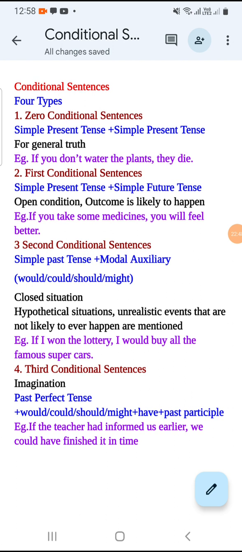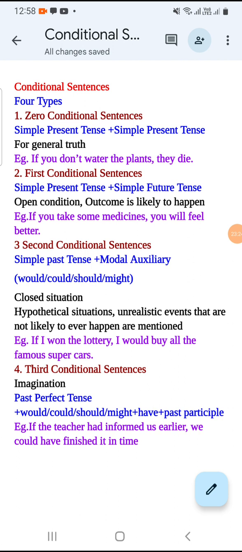And now the last condition, that is again very important, because that is used for imagination and our brain many a times imagines. For example, the first thing is the structure, very very important, please take care. So let us discuss the structure. Past perfect tense, and as this phrase comes, then immediately you should have an idea, that is had, HAD, which is the past tense of have or has, right?